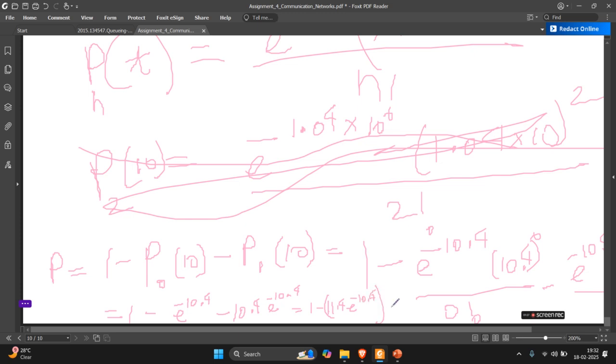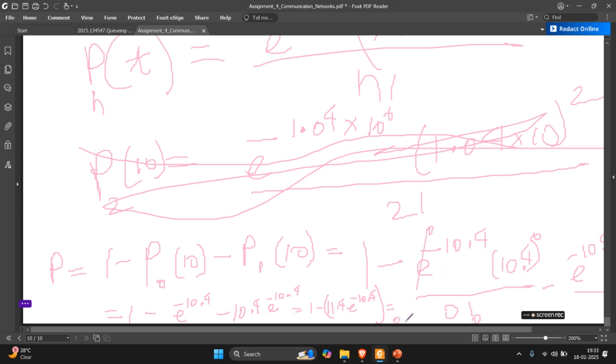So put that in the calculator and you will get 11.4 into e to the power minus 10.4, which is 0.0003. If you subtract that from 1, you get 0.9996.